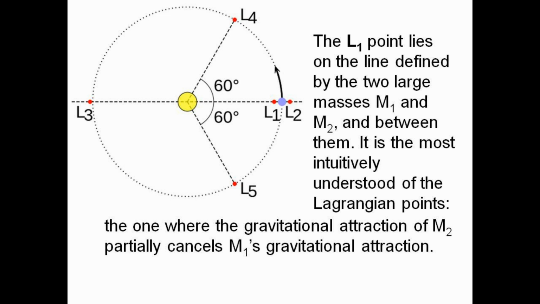The reason is that at the L1 point, part of the sun's gravitational pull on that point is canceled out by the earth pulling in the opposite direction. It's almost as if the sun didn't have as strong a gravitational pull as it normally does, because the earth's pulling on it from the back side.